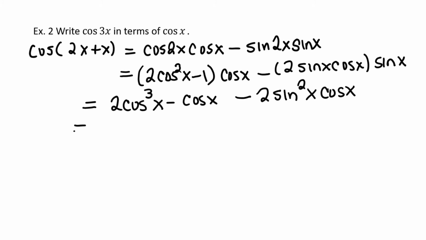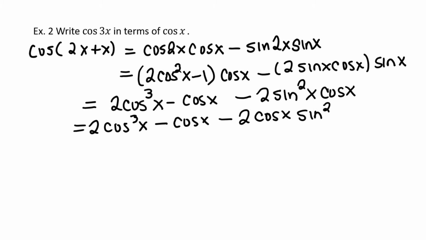I'm good with the 2 cosine cubed x. I'm good with the cosine x. In fact, I'm also good with 2 times cosine x. I'm using the commutative property to switch the order, and so it'll still be written as sine squared x. Now we'll continue, and I have 2 cosine cubed x minus cosine x minus 2 cosine x.